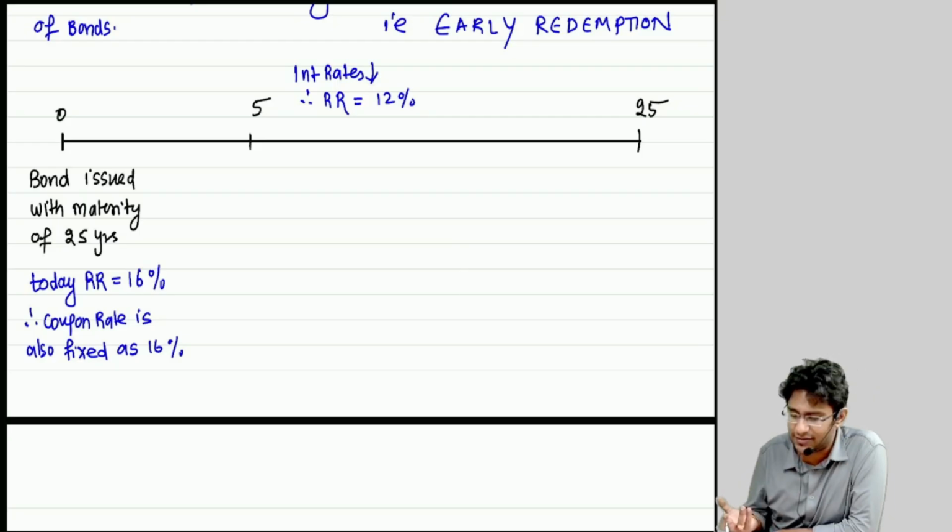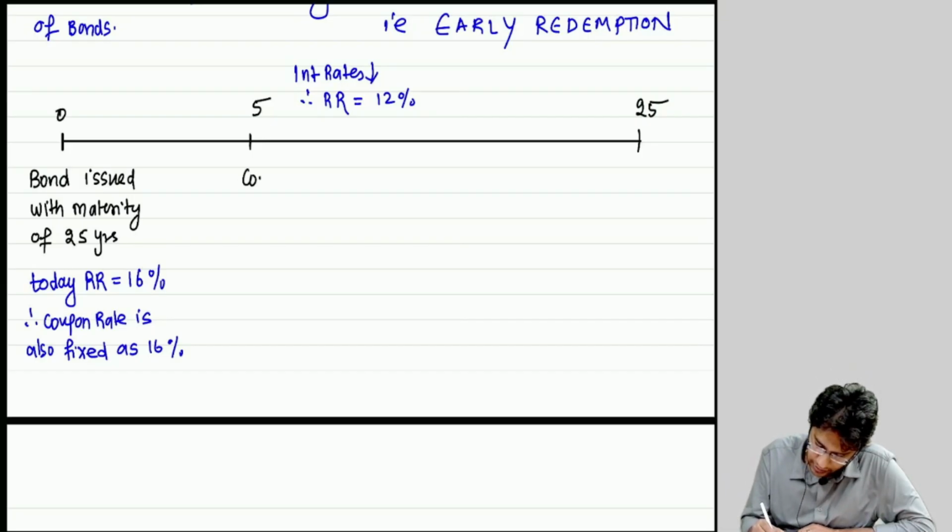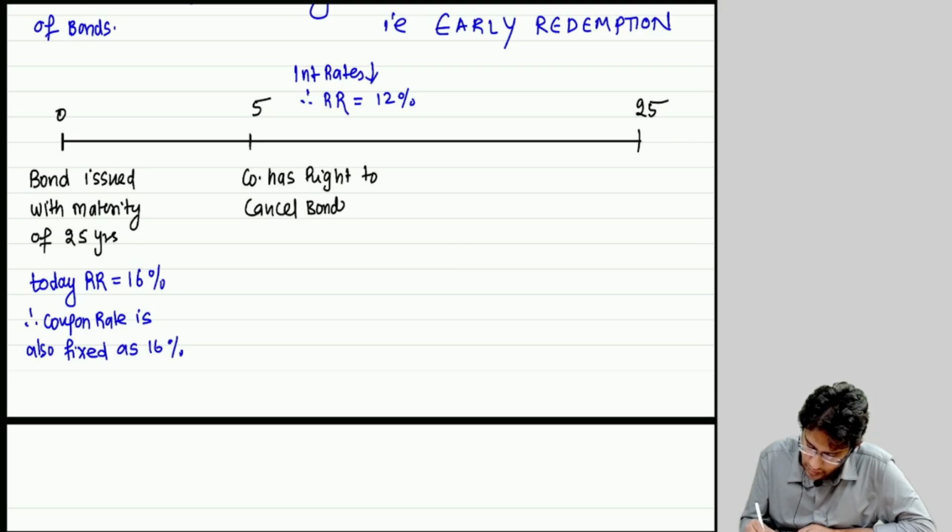He will pay unnecessarily 4% extra on 100 billion. I will not pay. So what I will do, I want to cancel the bonds. I will tell that point before only. Company has the right to cancel bonds. Let's call it refund bonds.